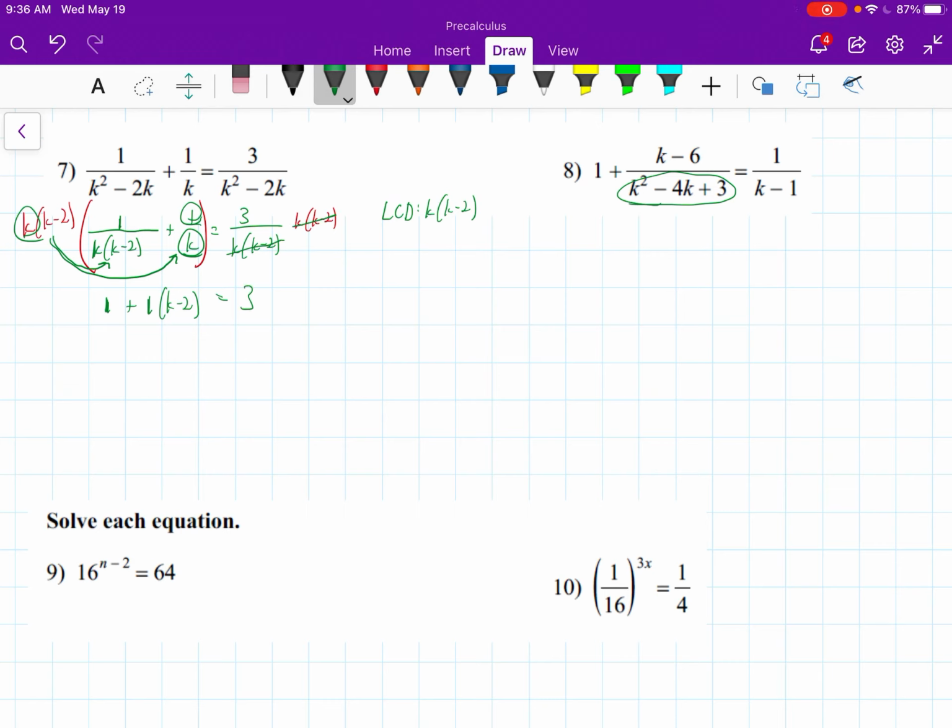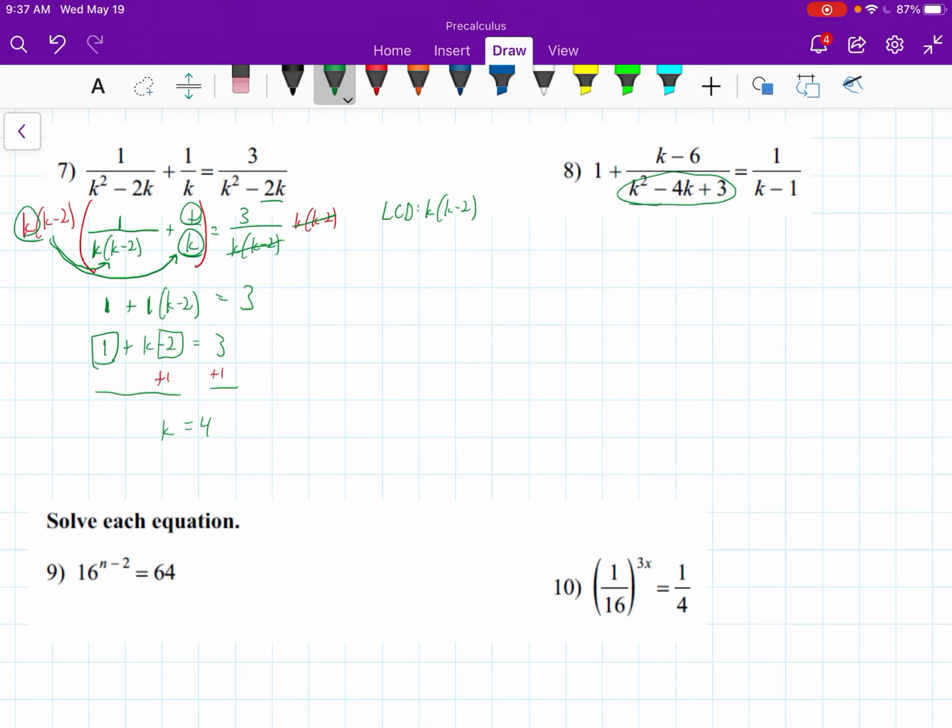And once again, just like number 6, we're left with a pretty easy equation to solve. We have 1 plus k minus 2 equals 3. We realize 1 and negative 2 is negative 1, so we can add 1 to both sides. And we get k equals 4.